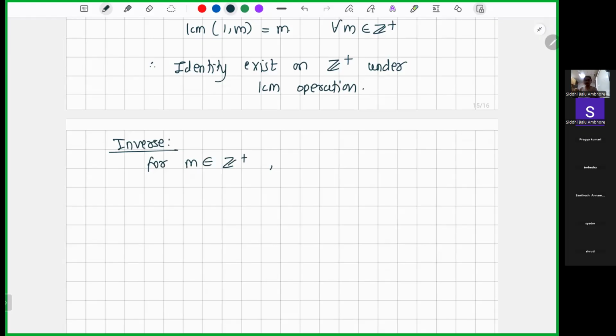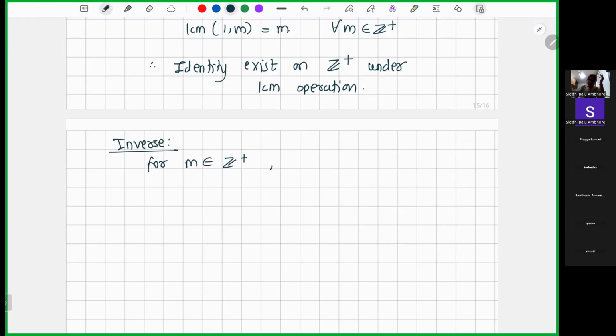But here we got the identity in the set of positive integers itself, 1 being the identity on Z plus. And we are now talking about the inverse in Z plus itself. We can discuss it on the whole Z later, but for now we are discussing the existence of inverse in Z plus.